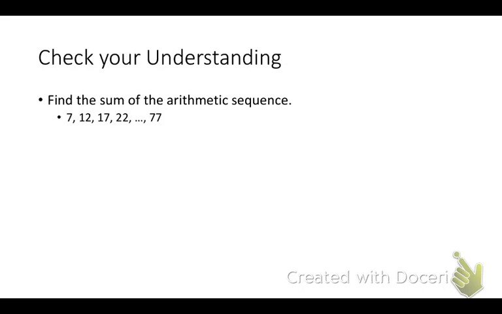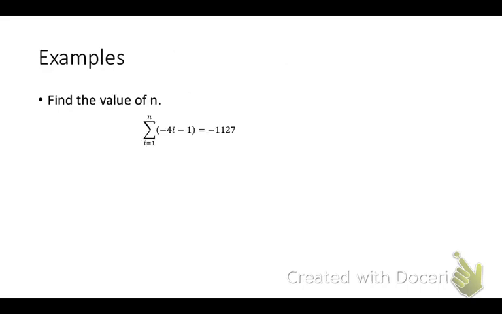Now, last one. It says find the n value. So it gives you your total, it gives you your rule. You don't know what your last value is. You don't know how many total values you have.